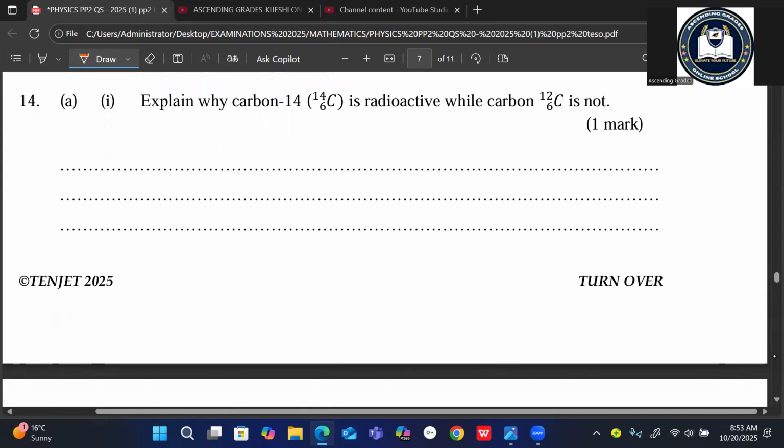In carbon 12, the neutron proton ratio is 1:1. Thus, it is stable.